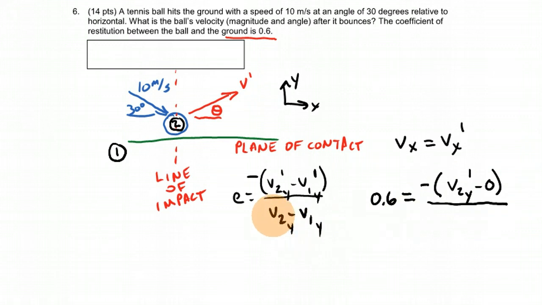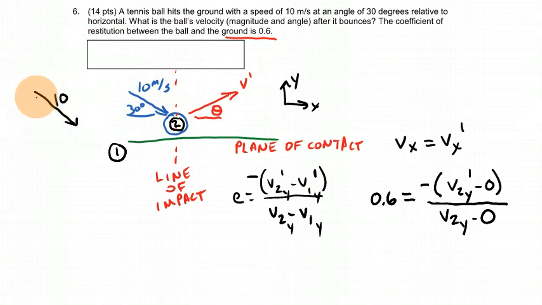Object 2's velocity before, I'll just write it as v2y, and again the velocity of the ground is 0. So we look over here, there's a velocity before. If we break it into two components, I'll do that over here.